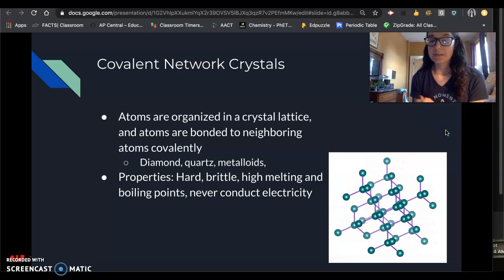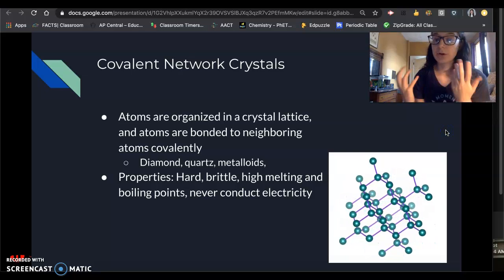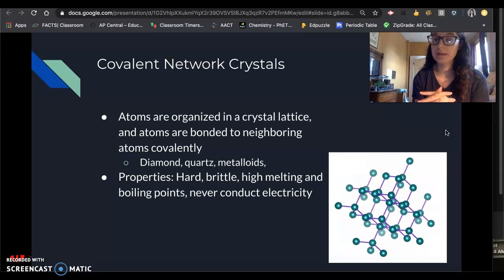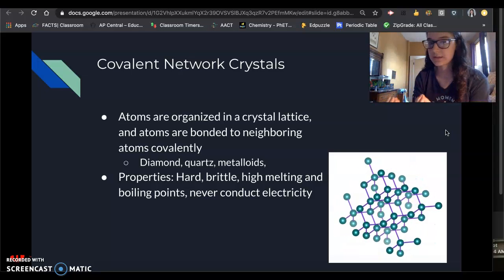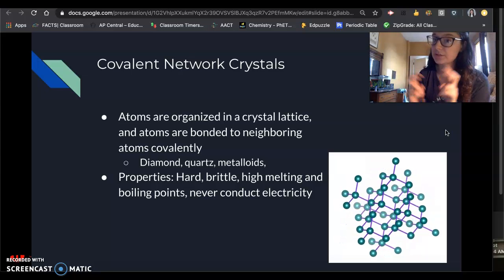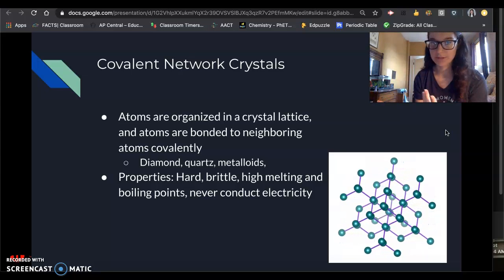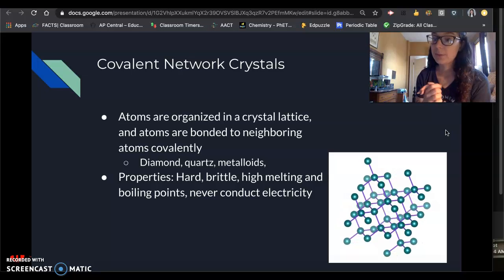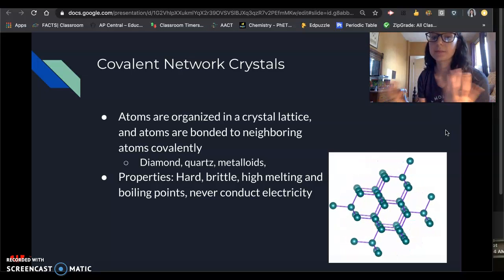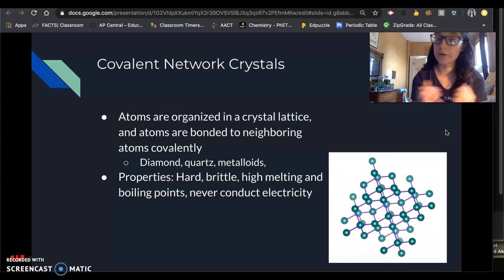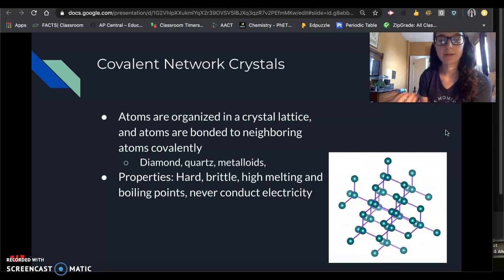The next type of crystalline solid is the covalent network crystal. So in this, just like ionic solids, atoms are organized in a crystal lattice, which means an organized 3D structure, and atoms are bonded together to neighboring atoms covalently. So they share a covalent bond, not an ionic bond.